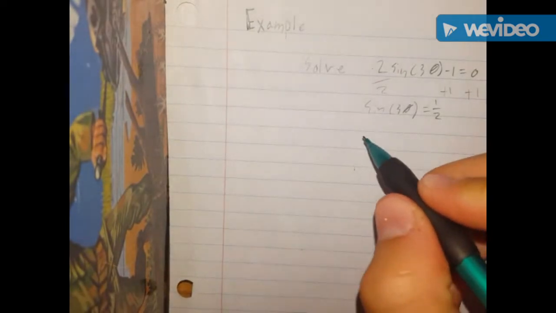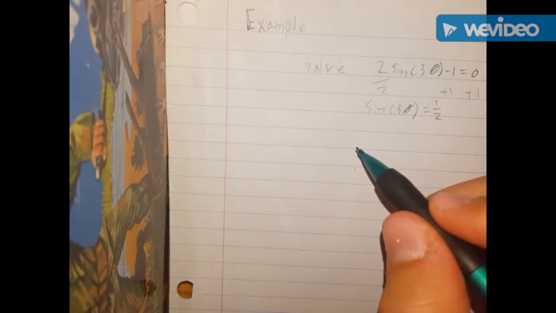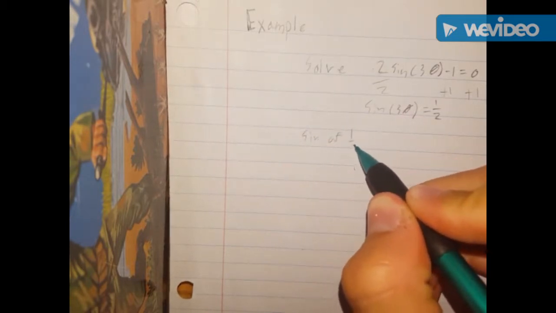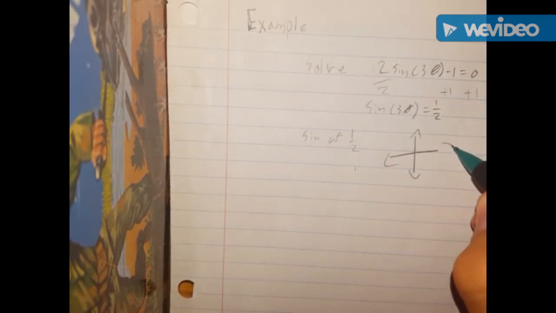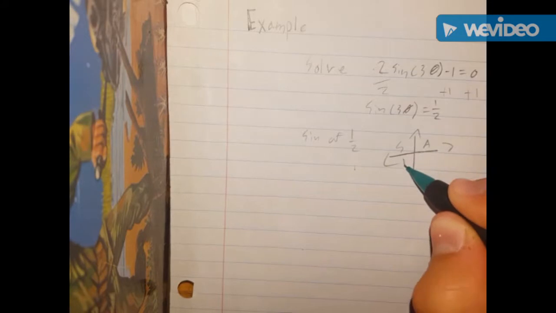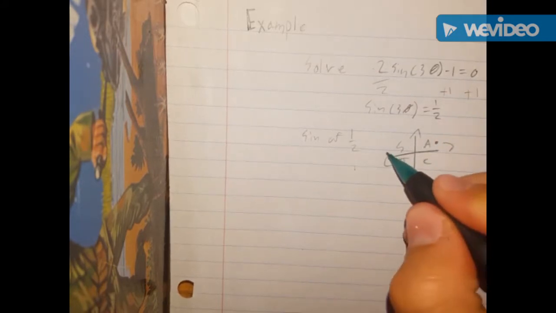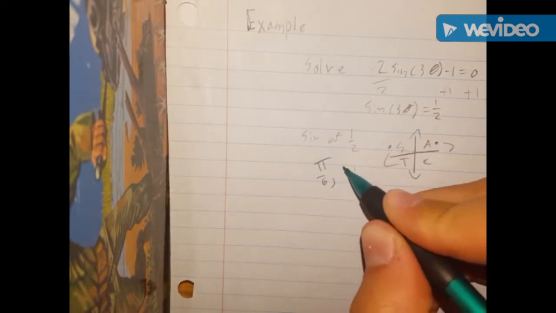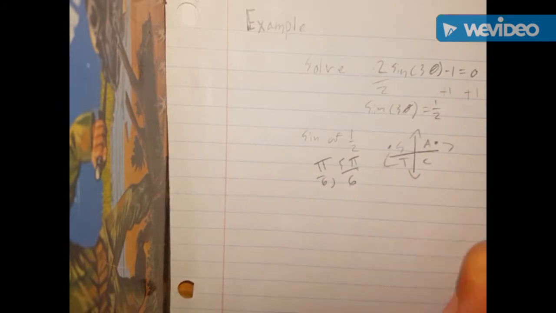And the next thing we're going to do is forget about the 3 theta for a second and find the sine of 1/2. And the sine of 1/2 occurs at pi over 6 and 5 pi over 6.